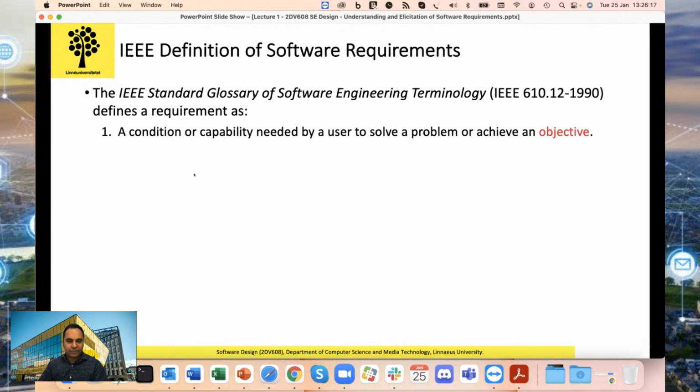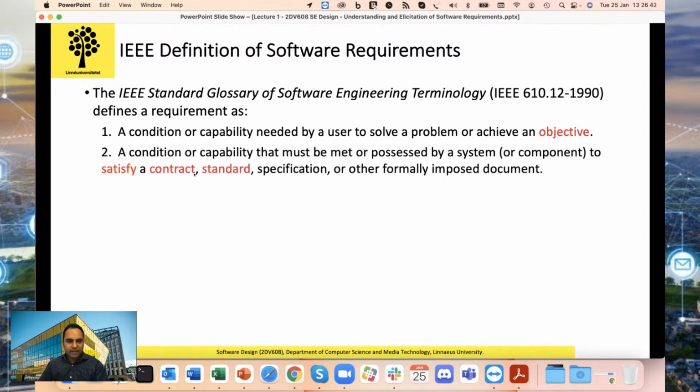Software requirements are a condition or capability demanded or needed by a user to solve a problem. This problem can be from any domain or of any nature that can be solved by software.